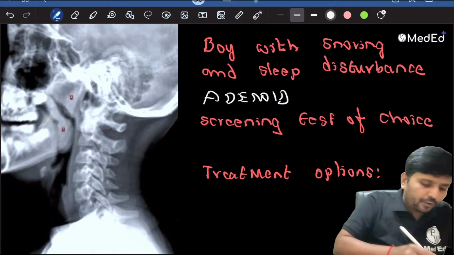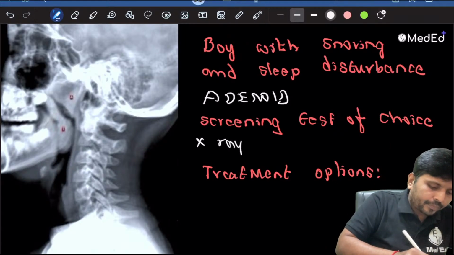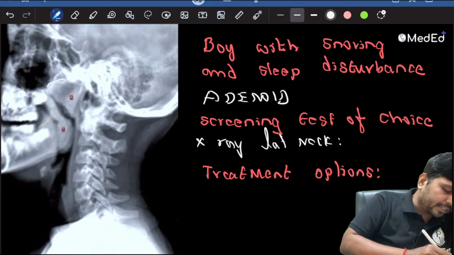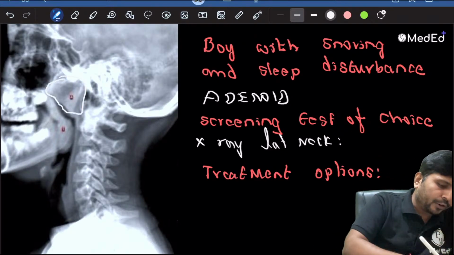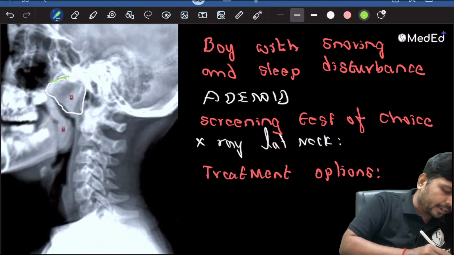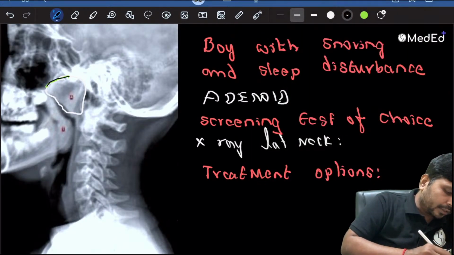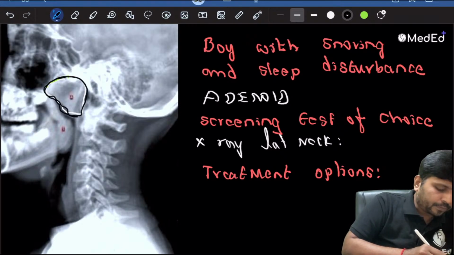You need to take what? X-ray lateral neck, and it will show what? Look at this. This area is enlarged adenoid.